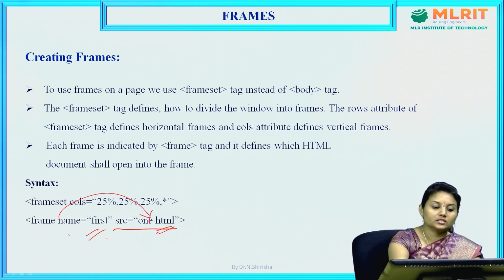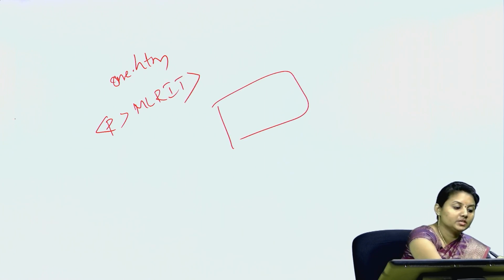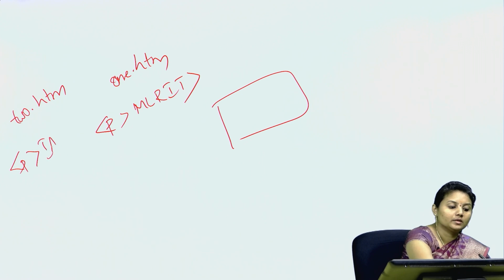So in 1.html, I will give a p tag, and in my p tag I will just write MLR IT. In my frame, let me take 2.html, and here also let me give IARE.